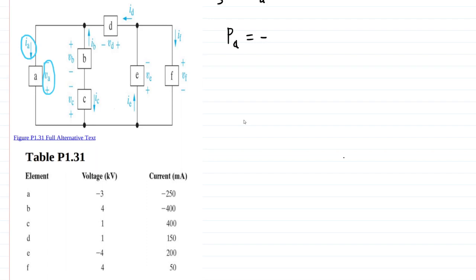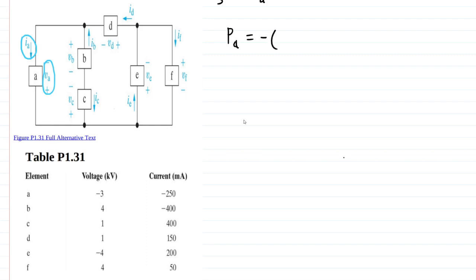It may not be. It depends on the voltage drop across it. But based on this table, we have current flowing from plus to minus, but also the voltage drops or increases across it. So it looks like this one's going to end up being supplying.